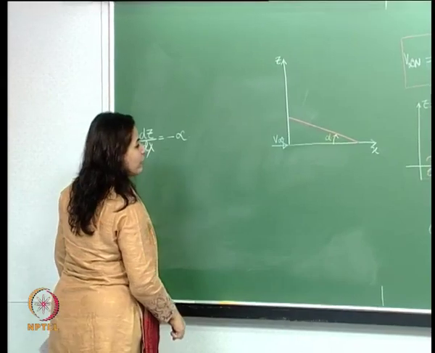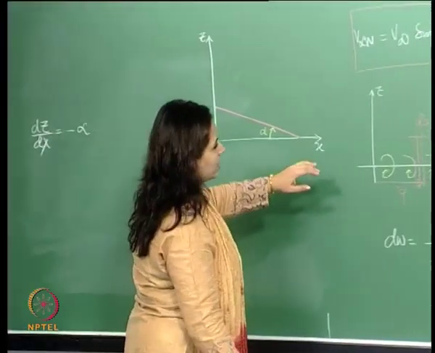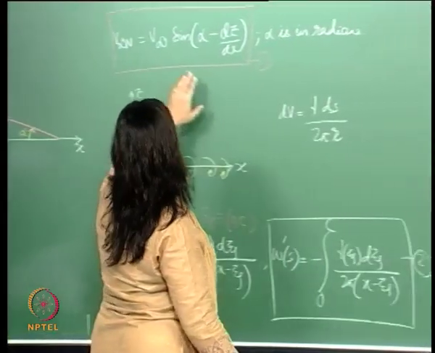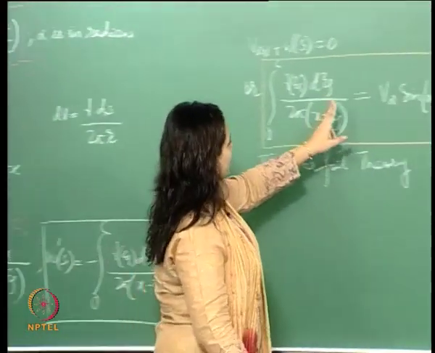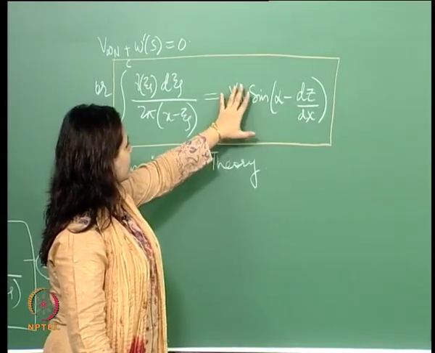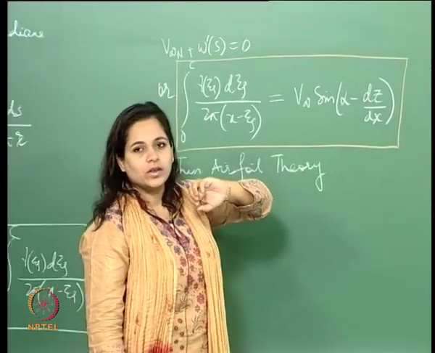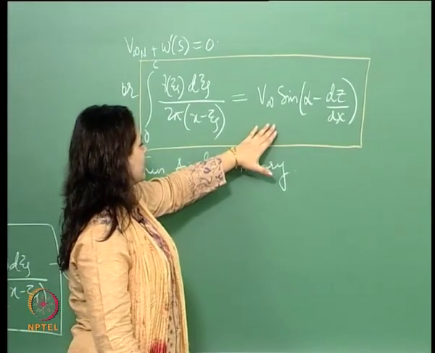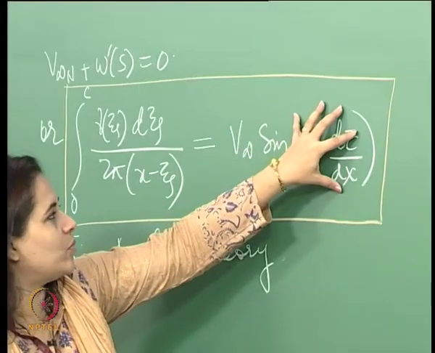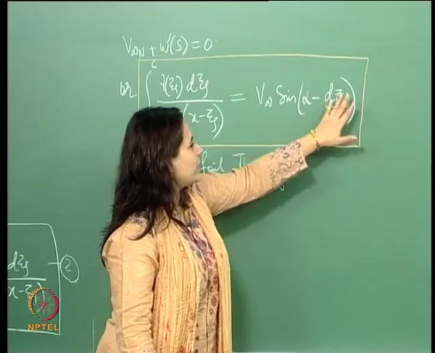Okay. So, therefore, this is the right hand side of this equation, the thin airfoil theory, which is V infinity sine of alpha minus dz dx. And if this angle is small enough, then we can just write V infinity into alpha minus dz dx.